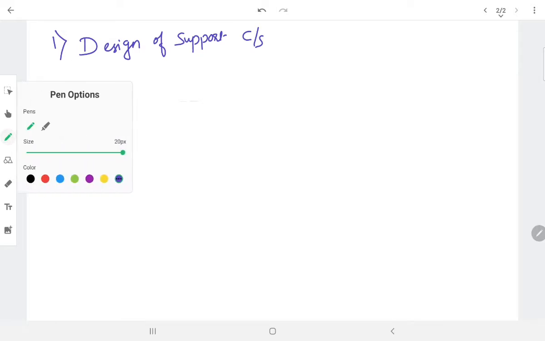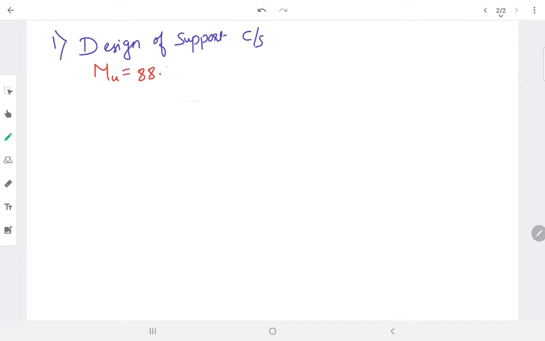First one in this, design of support cross section of beam. So we already know Mu from the design values.